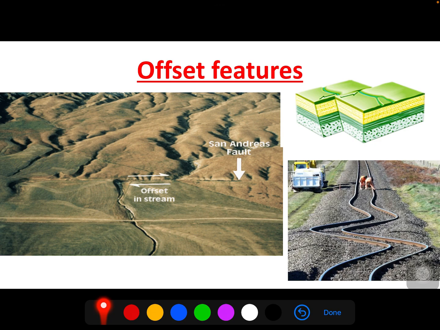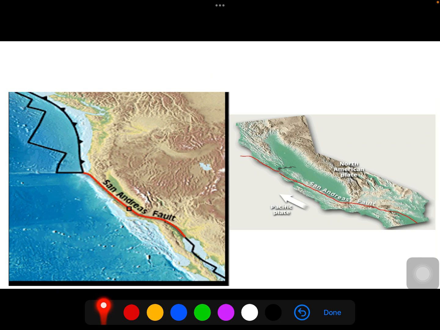Okay, here's some examples. You see how this railroad track is all crooked. That's due to these transform boundaries. Here's the San Andreas Fault. You see how this stream has got disconnected and it's actually moved. It's called an offset stream. Here's the San Andreas Fault that runs through California.